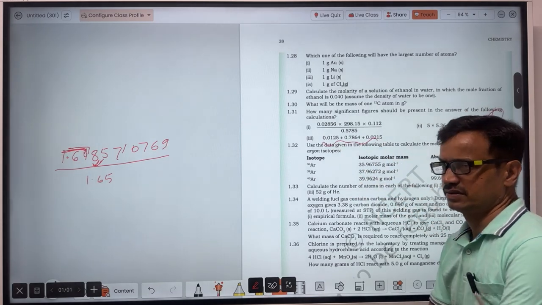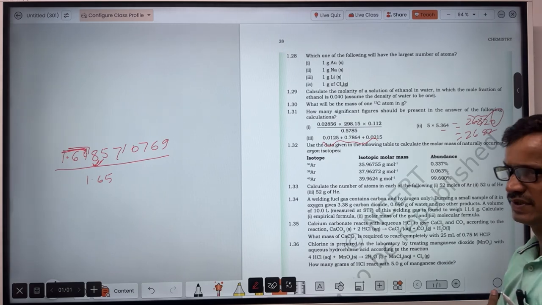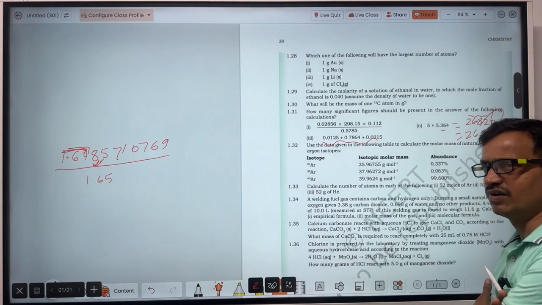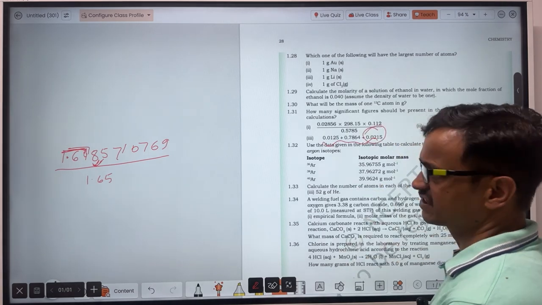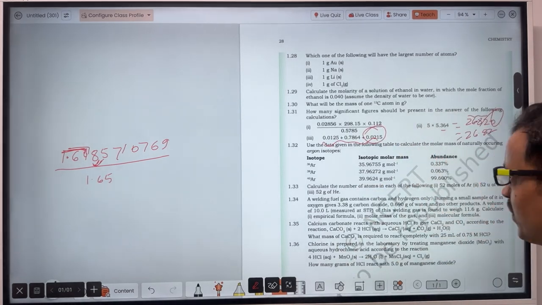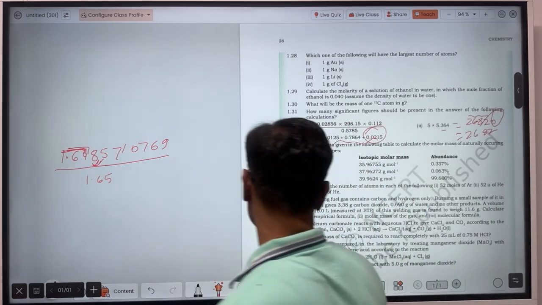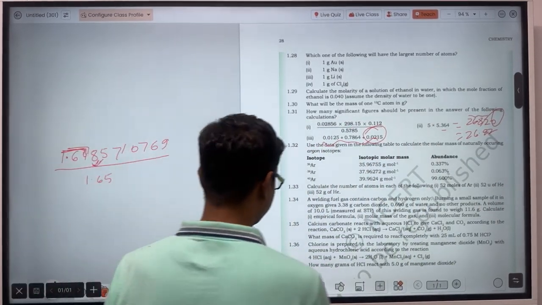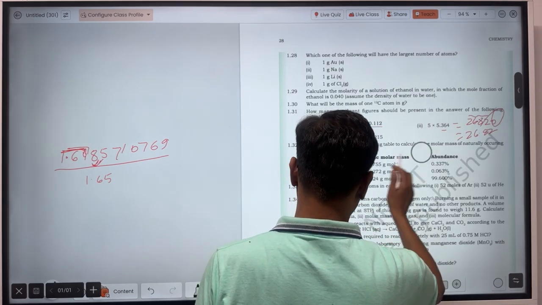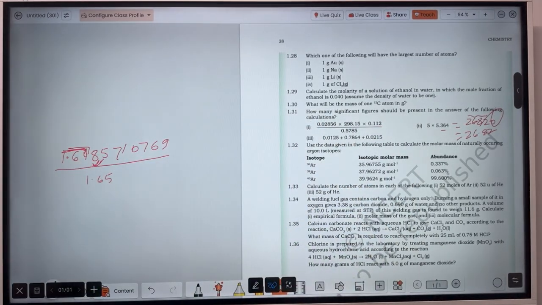During addition, the number of digits after the decimal will be equal to that of the figure in which the number of digits after the decimal is minimum. Let's see this one. Firstly add this one, 0.0125 by 0.7864.